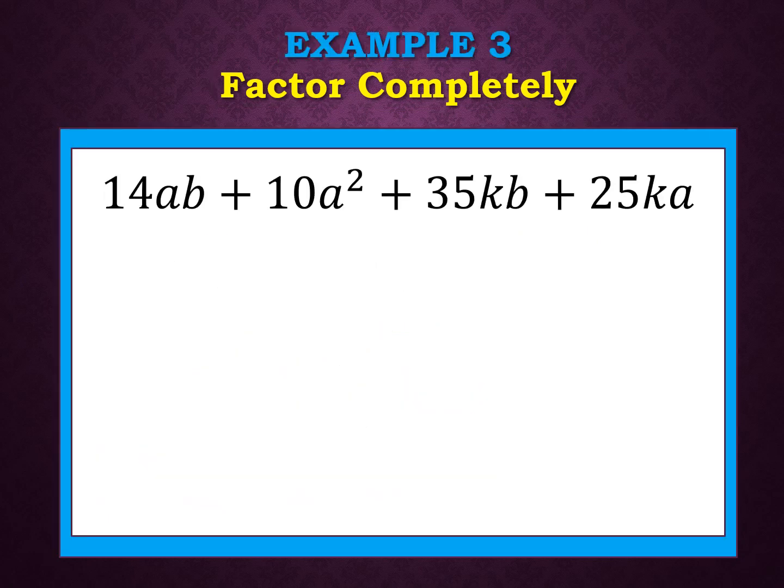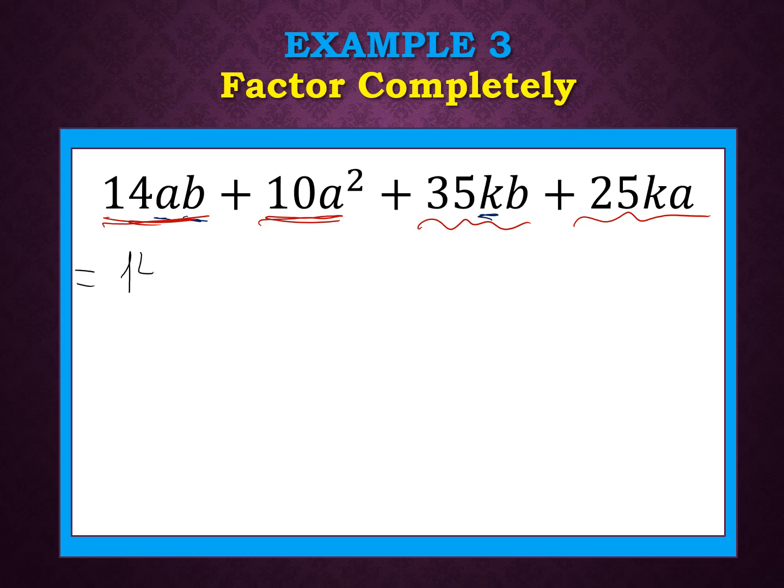Example 3. We have here a more complicated case because our polynomial has 3 variables a, b, and k. Before we had only one. So now we will try our approach. We will combine the first and the second term and the third and fourth.